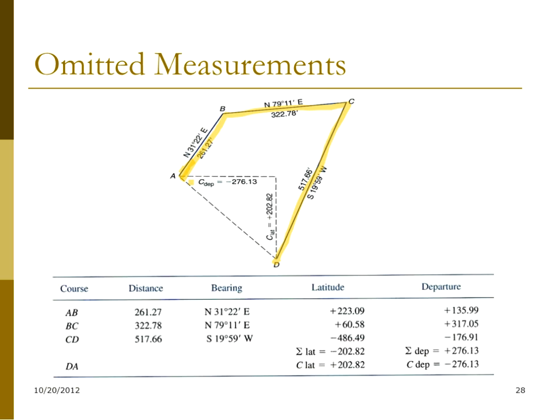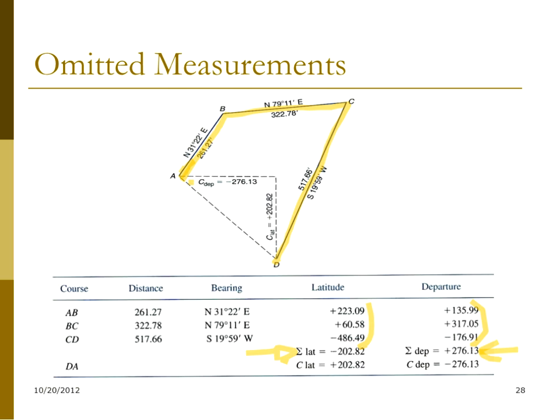So what do we know? We know the departure and latitude of 3 of the 4 segments, which is what you're seeing here and here. And we know that these have to be equal to 0 in order for this to close. So the sum of your latitudes is equal to negative 202.82, and the sum of your departures is 276.13.